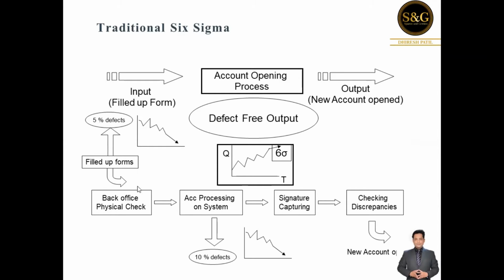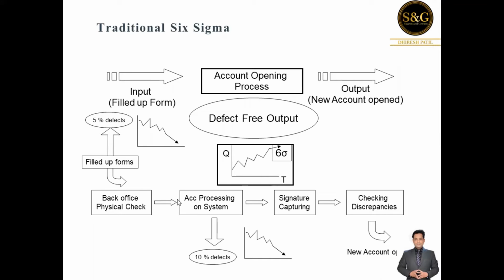Then the next step is back office physical checking of the form. Then the next process step is account processing on system, where also 10% of the defects are found. These numbers are just for explanation of the concept. Going ahead, signature capturing is a new process, and then checking discrepancies, and then the new account is opened.